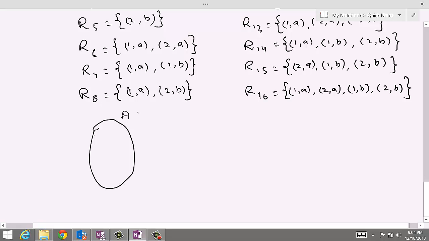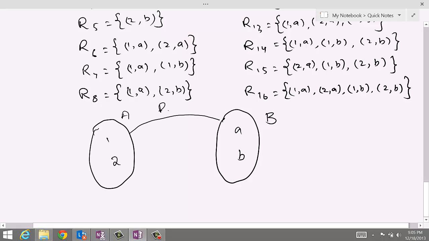One is A and another is B. And let's write down 1, 2, and a, b. And under relation R16, what is the result? 1 is related to what? a.